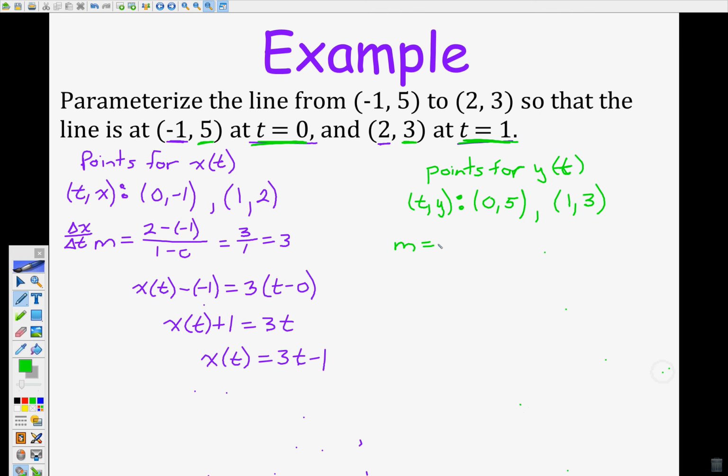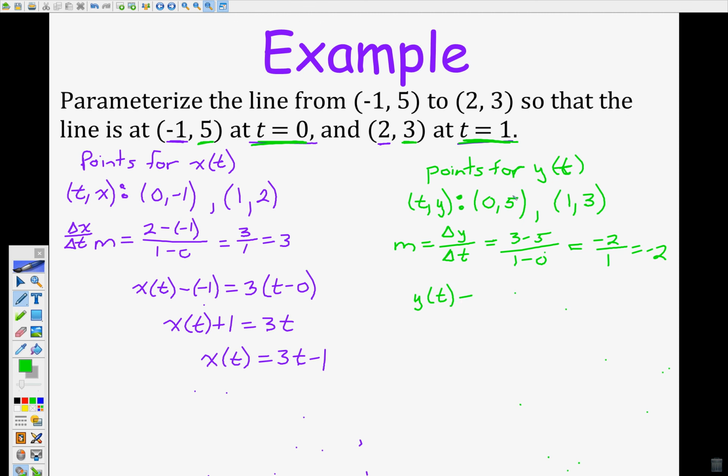This time, to find slope, it's the change in y over the change in time. So my change in y is going to be 3 minus 5, all over my change in time, which is 1 minus 0. So that would give me -2 over 1, which is a slope of -2. Once again, I'm going to use point slope form, but this time it's in terms of y of t.